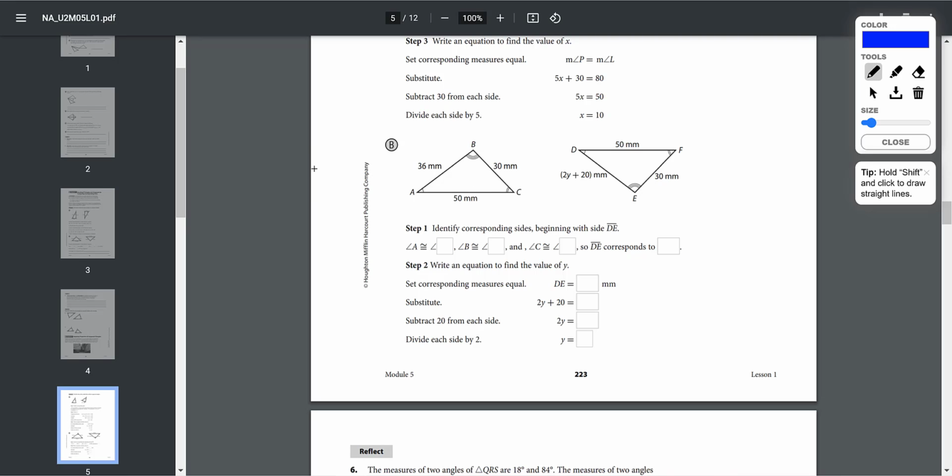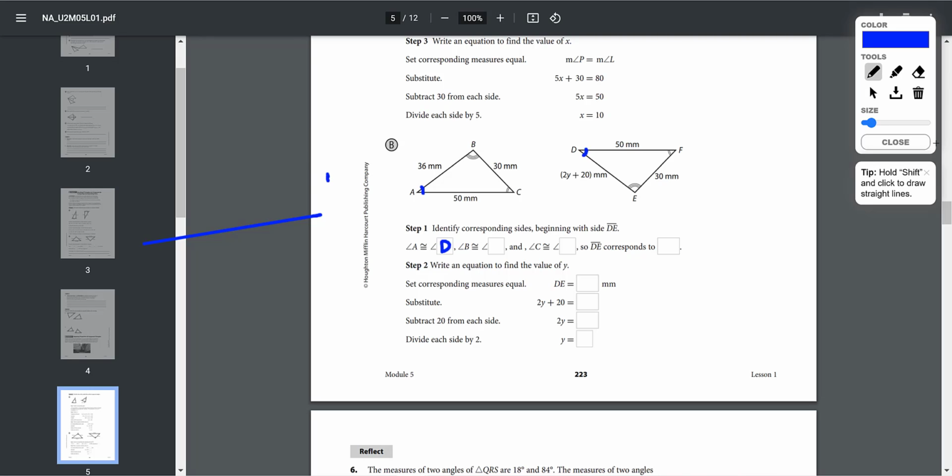It says step 1, identify corresponding sides, beginning with side DE. Well, in this problem, we know that angle A is congruent to angle D, because they both have the same mark. Instead of a hash mark for angles, they just used a curved mark. So angle A and angle D are congruent.